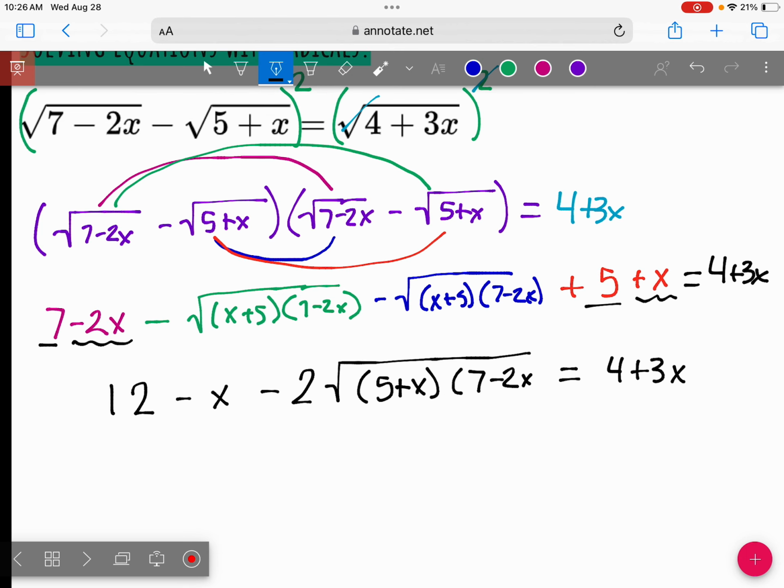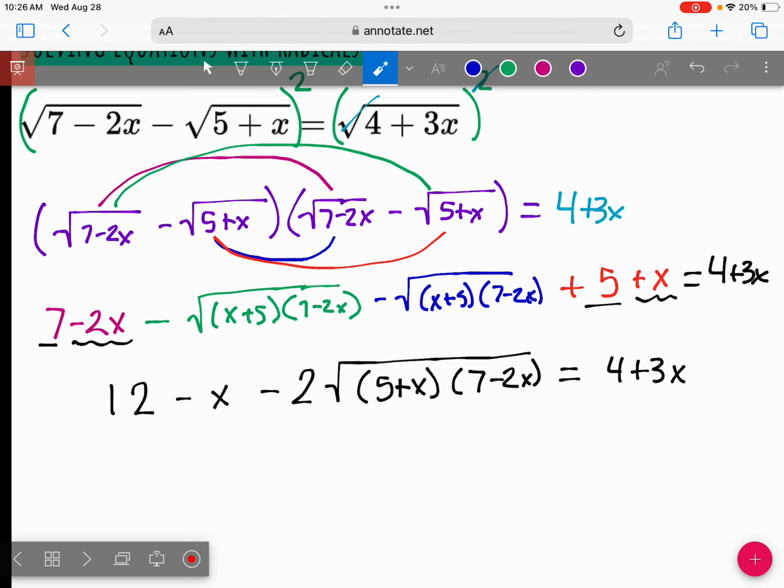Okay, so it's been a mess, but it's getting less messy. It's getting tidier. What can I do now, trying to get that radical all by itself? Don't square it here. Subtract off the things, get all these guys to leave.